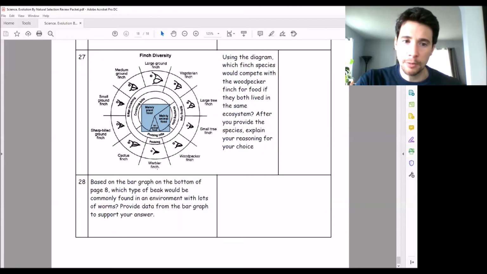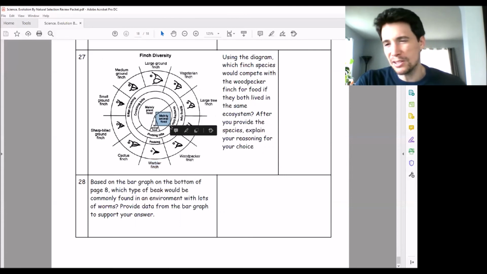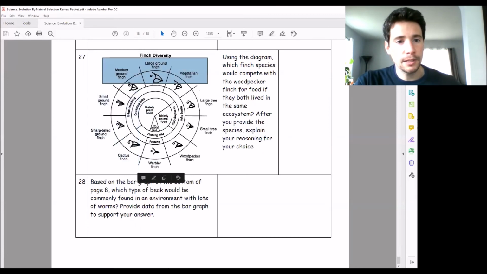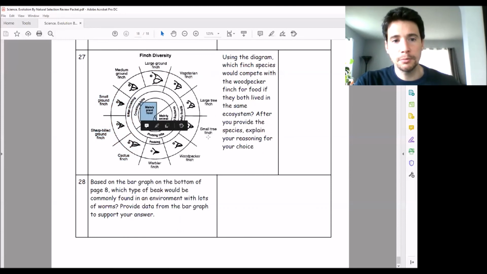So all of these guys eat animal food, right? The warbler finch is the only one that only eats animal food. It says all animal food. These guys eat mainly animal food. So they might eat some seeds and things like that, but they eat mainly worms or bugs or that kind of thing. Whereas all of these birds, all these three and all these three, they all eat mainly plant food.